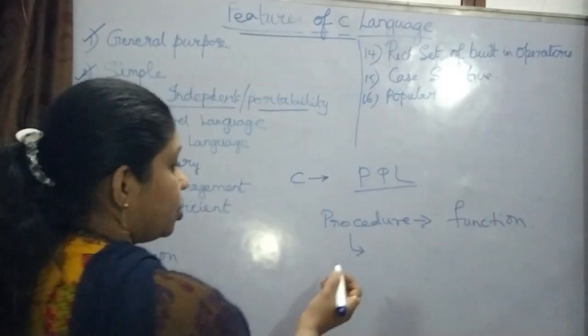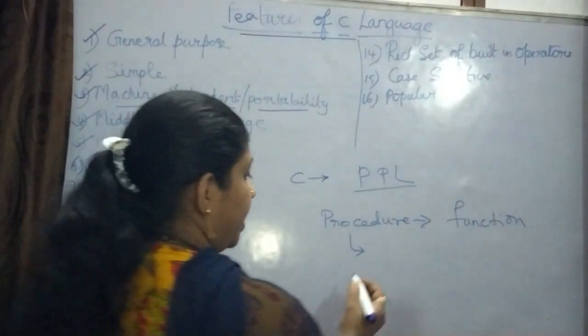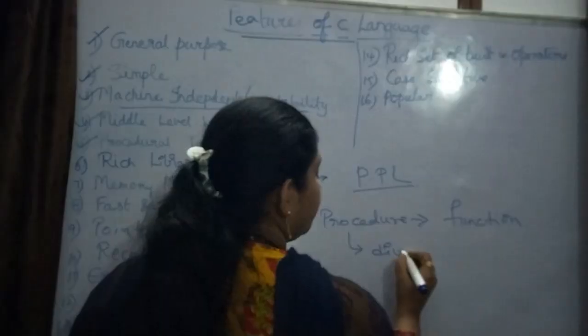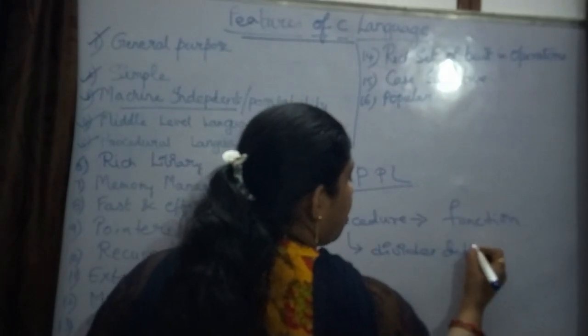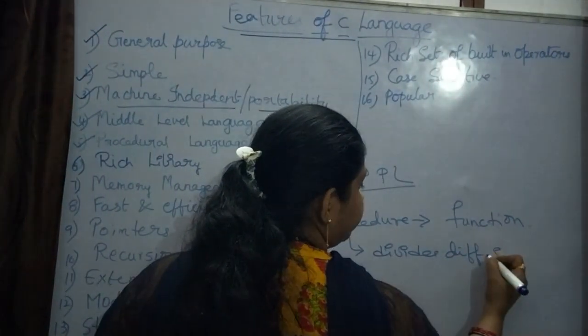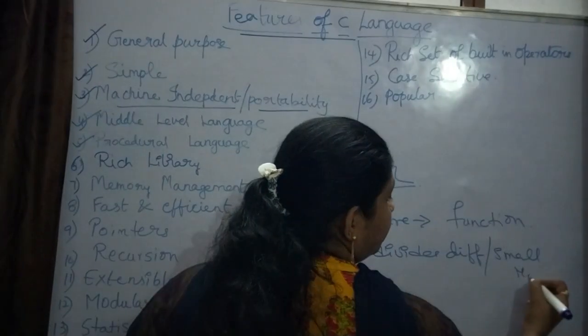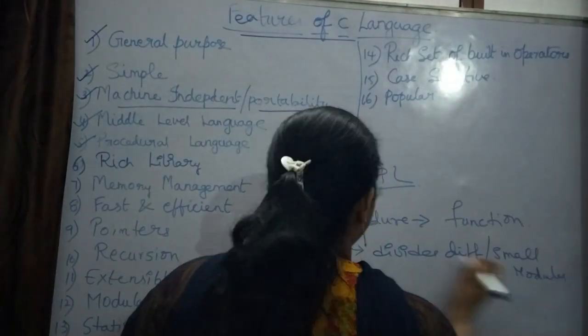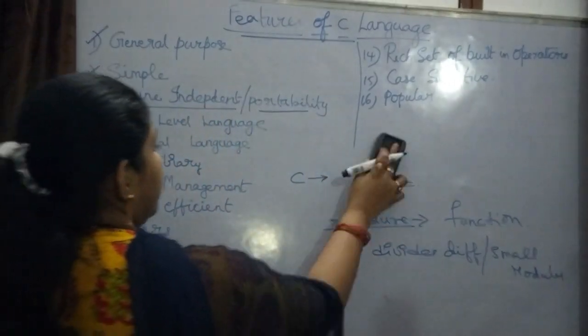If this code is big or large or complex, it is divided into small modules. This is called a procedure. That's why it is called a procedural language.